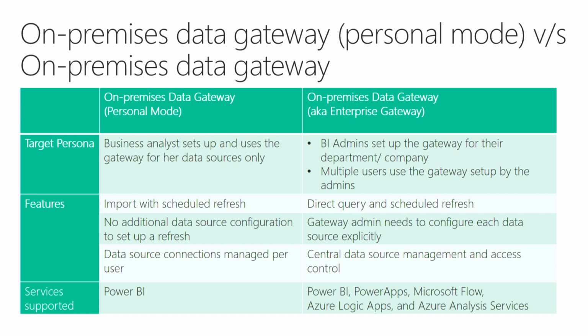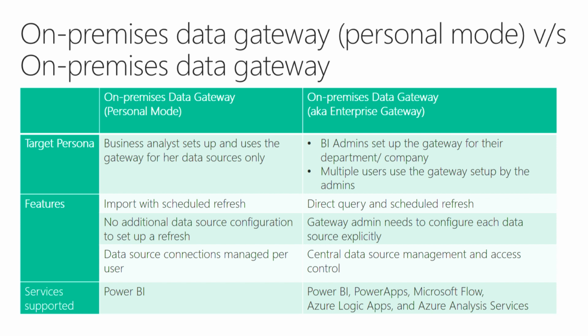And the other thing is, the personal mode, since it's up to you, you're downloading it, you're consuming it, you don't need to take an additional step of adding these data sources in a management page, whereas for the default mode, the on-premises data gateway, you need to add those data sources explicitly in the Power BI UI.